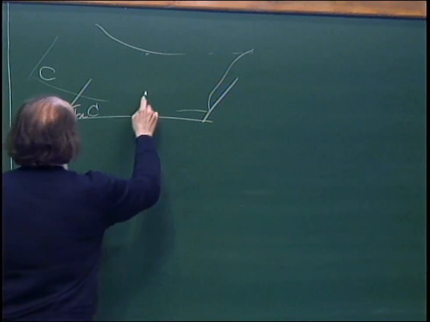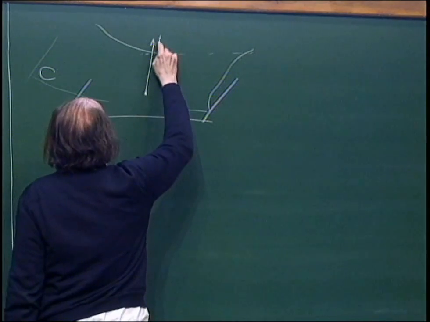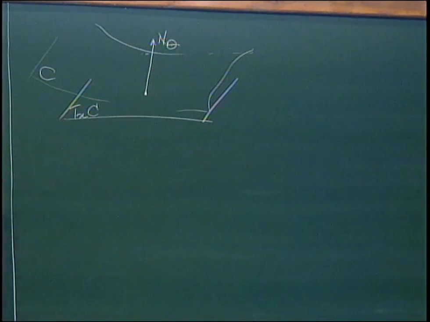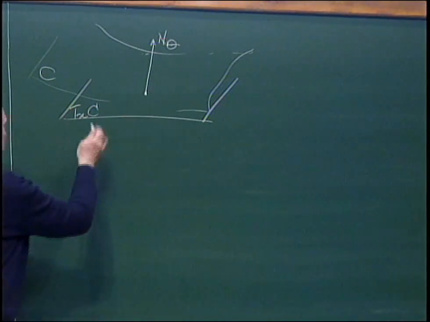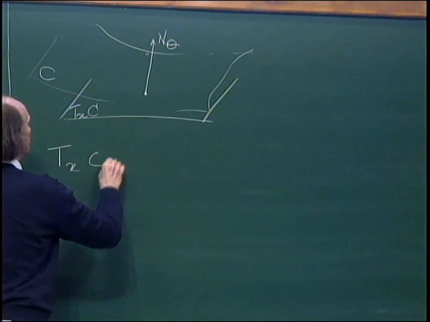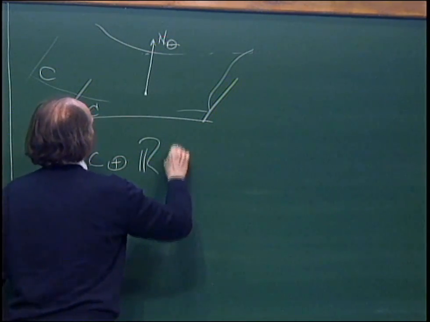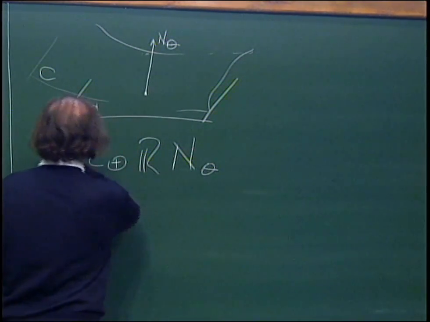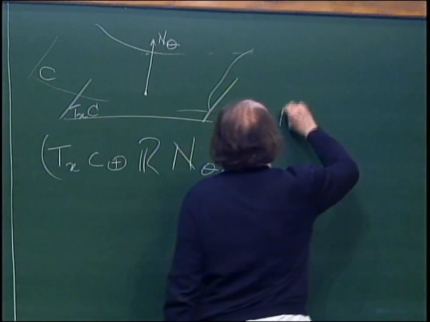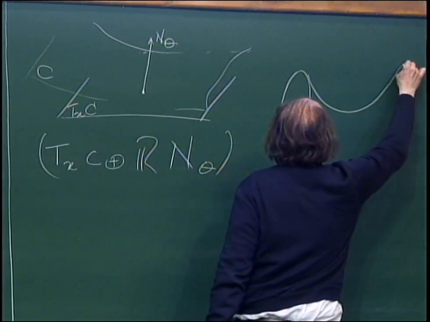And now let's choose one normal vector, m theta, and rotate this normal vector to obtain a one-parameter family of three-dimensional real space. Then the projection will look the following.